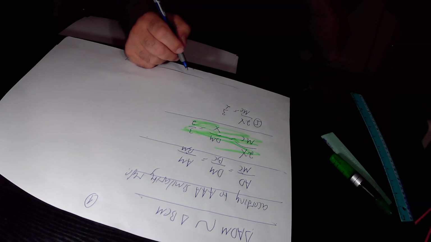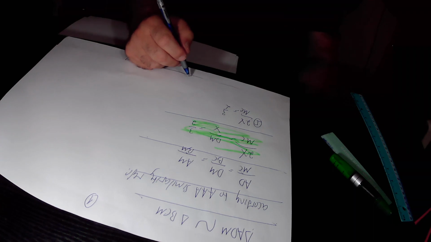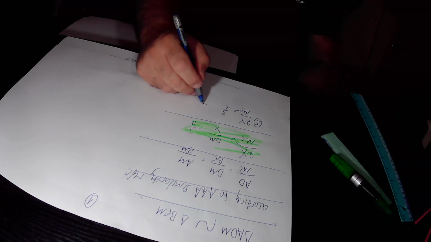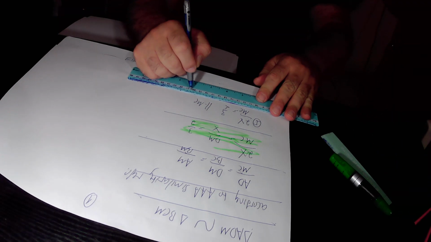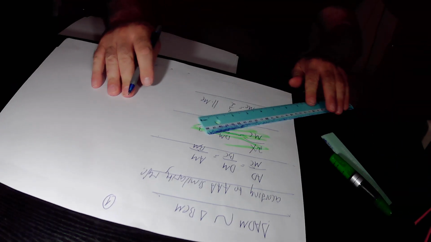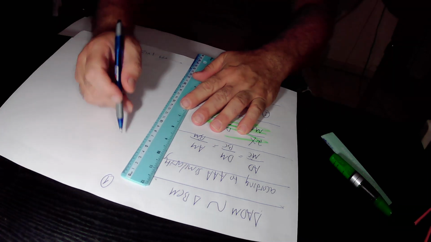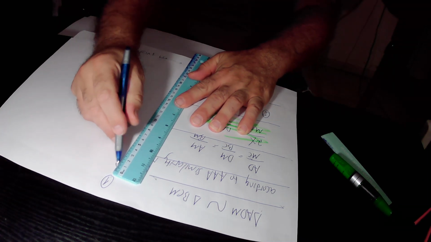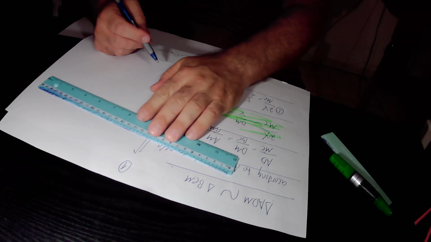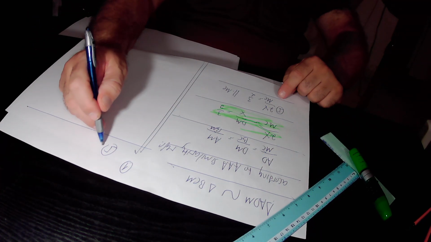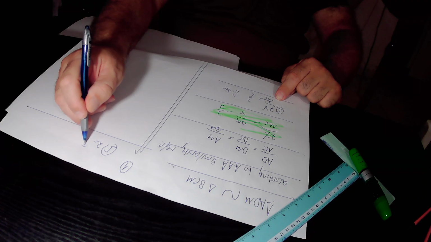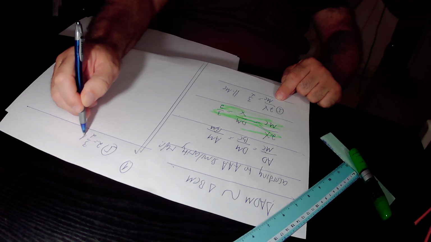So here we will multiply this equation 1 by MC, and we get that according to equation 1, 2x equals 3/2 times MC.